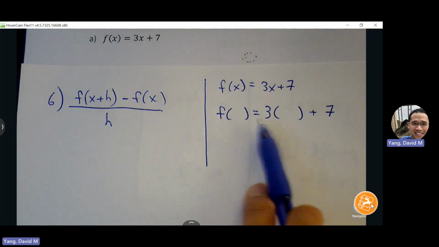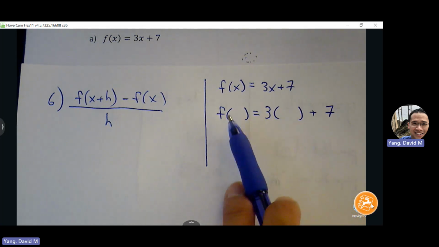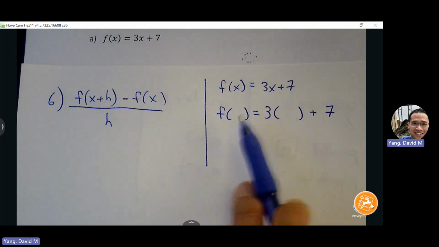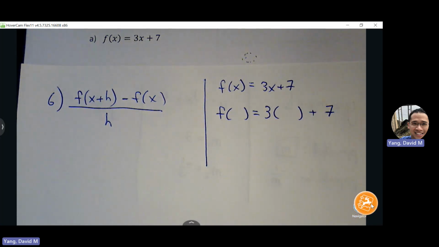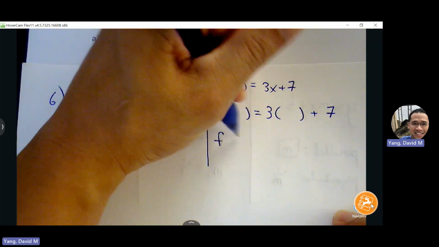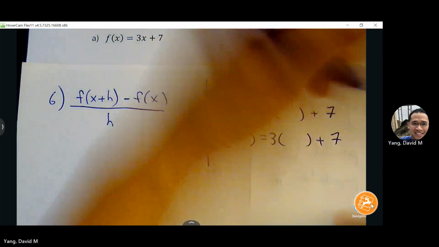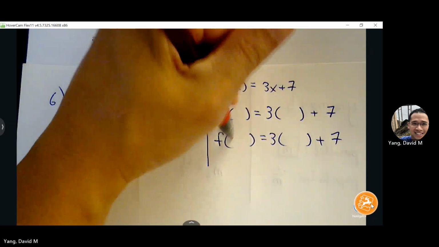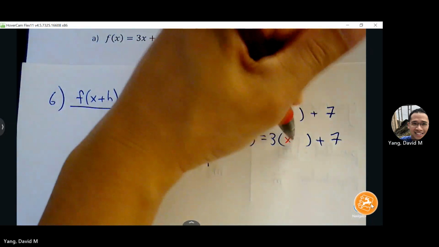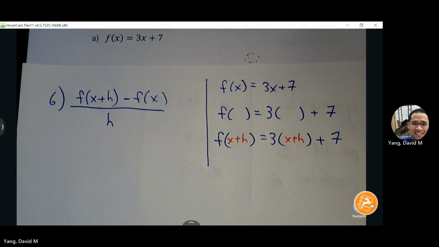Now that you have this, if you can do this, you will not make a mistake with x plus h because there's only one place for your x plus h to go. You have already reserved the space for it. So now you can put the x plus h inside your parentheses, and that's the only place it goes. All right, good so far?